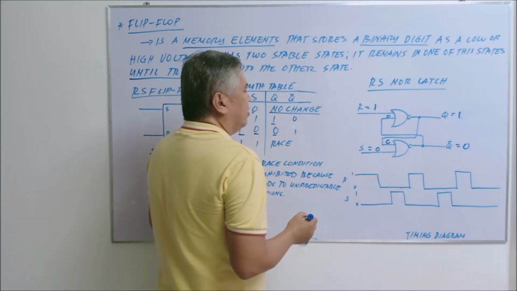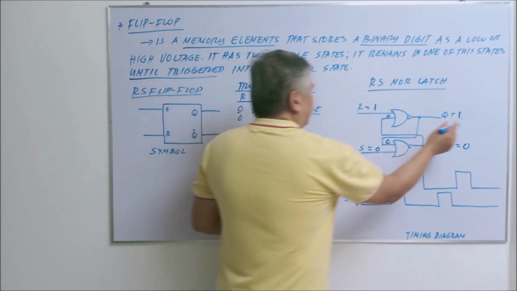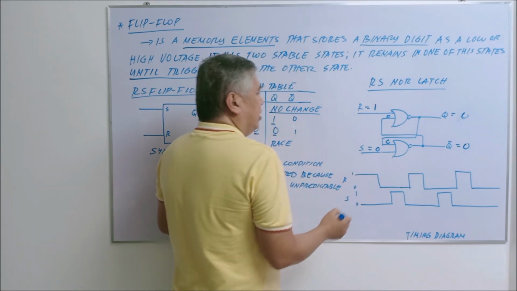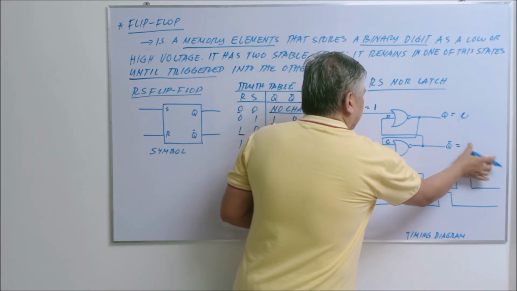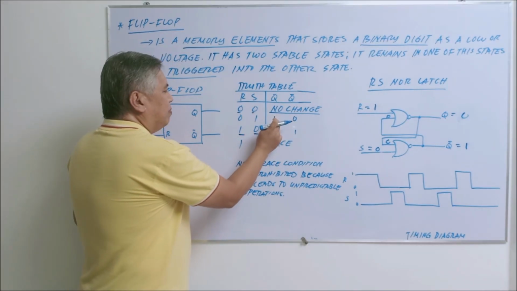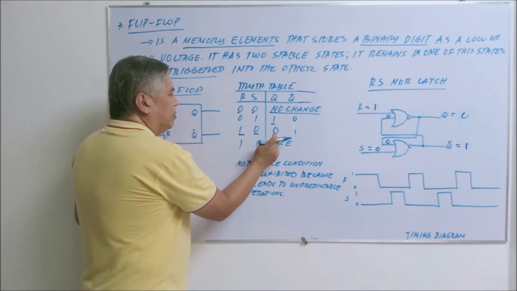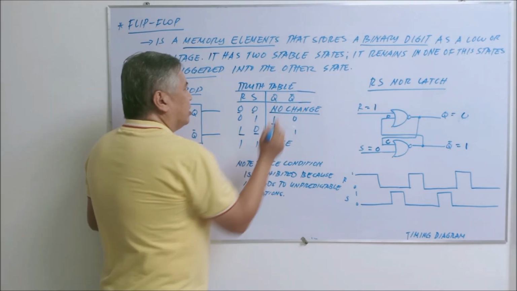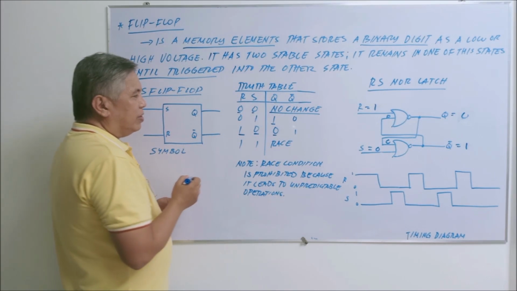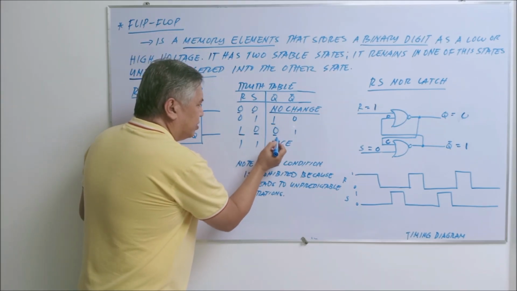You have 1, 0 is 1, invert that, this becomes 0, no? So you have 0, 0 is 0, invert that, this becomes 1. So again, with this condition, from the previous output which is 1, it becomes now 0 because it was triggered by this particular condition. So from 1, it becomes 0.